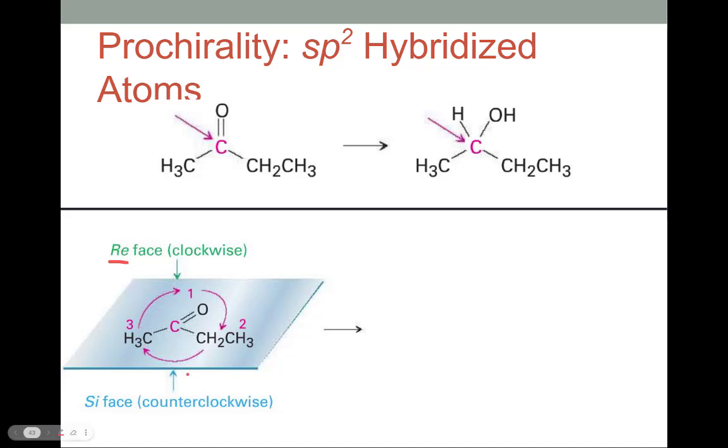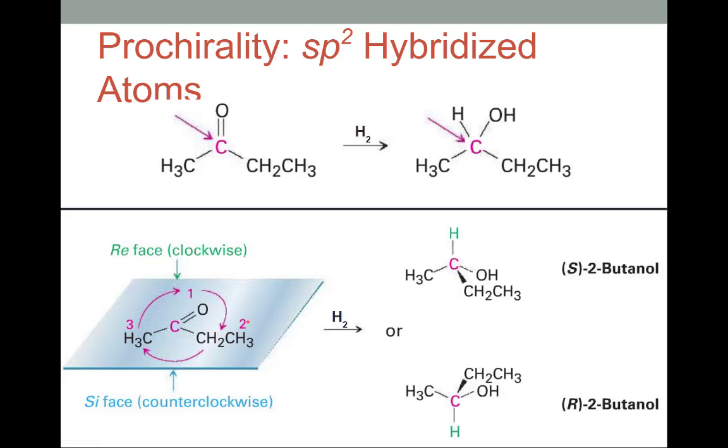If we were to imagine looking at this from underneath, and draw this out if you want to and hold your paper up to a light to look through it from underneath, we would have seen the opposite. It would have looked like a leftward rotation or counterclockwise rotation. So instead of S, that was for sinister before, we'll say Si. So the Re face is this one. The Si face is that one.